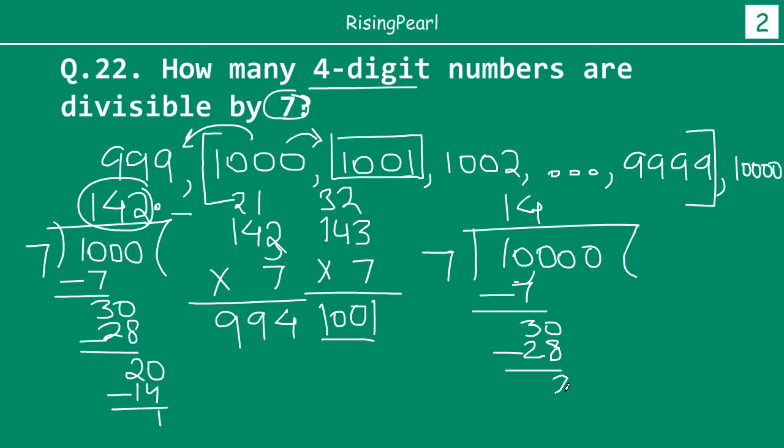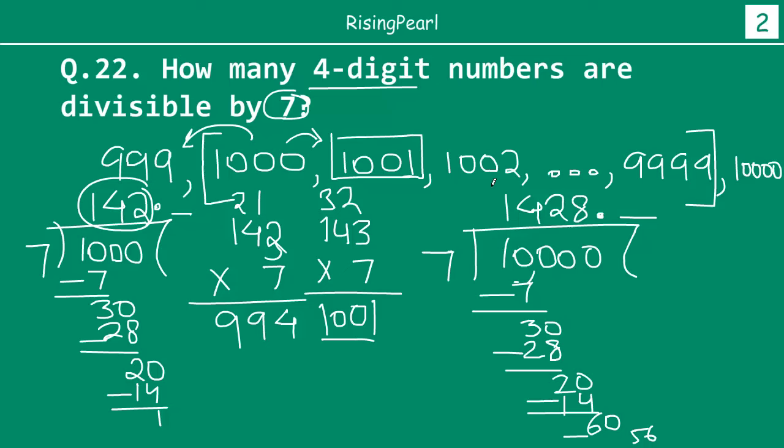So 2, 0, 7 twos are 14. So we have 6, 0, and now this last digit will be 7 8s are 56, right? So we will have 56. And then it will be a point and we will get something. So 10,000 is not divisible by 7.